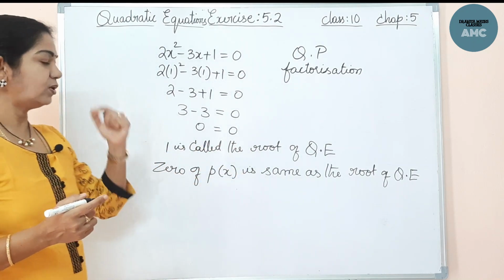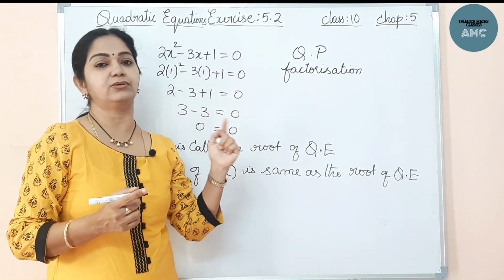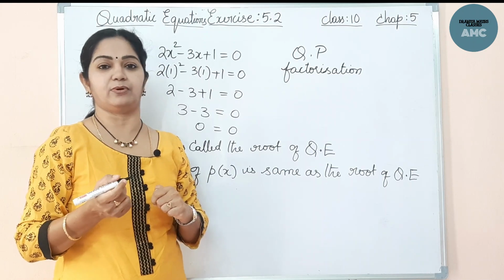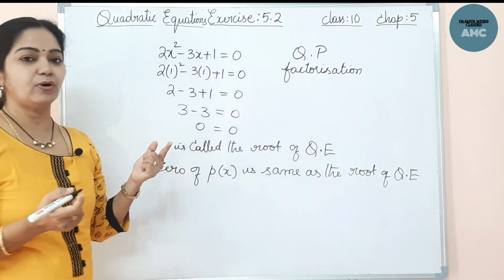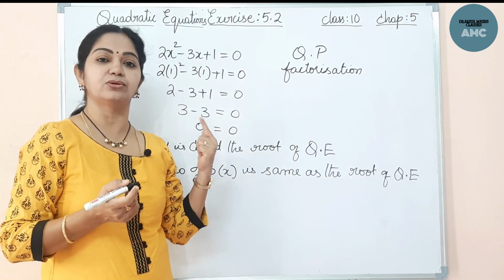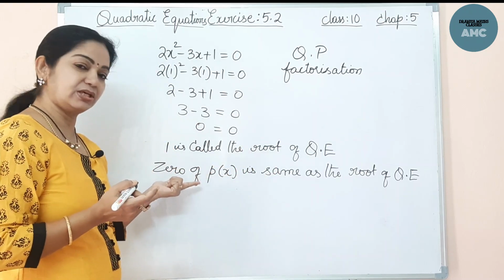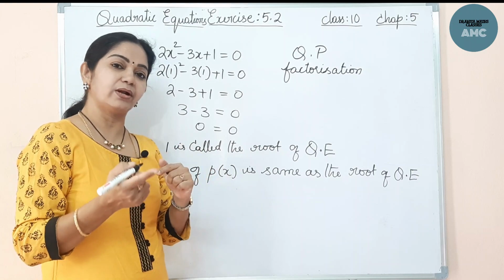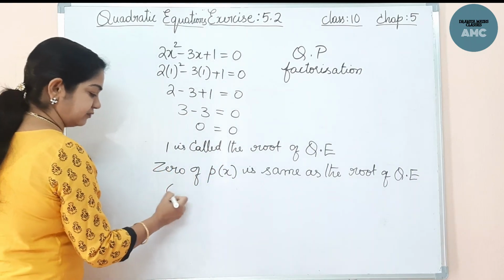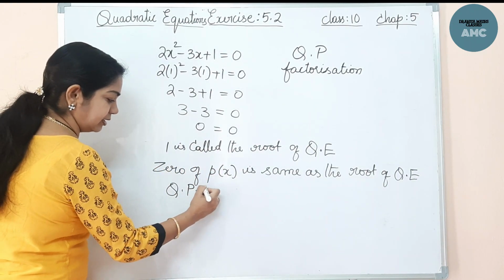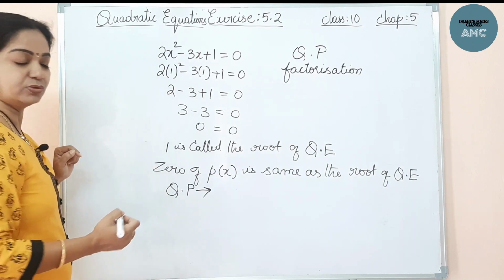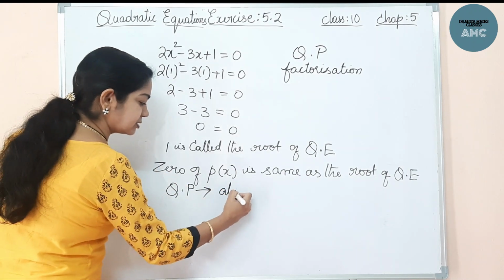Now here we have also studied the linear polynomial, quadratic polynomial and the cubic polynomial, isn't it? For the linear polynomial the degree is 1, so at most 1 root. For a quadratic polynomial, degree 2, at most how many zeros?